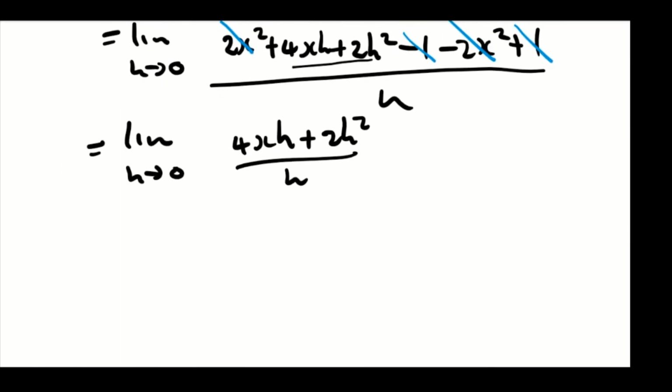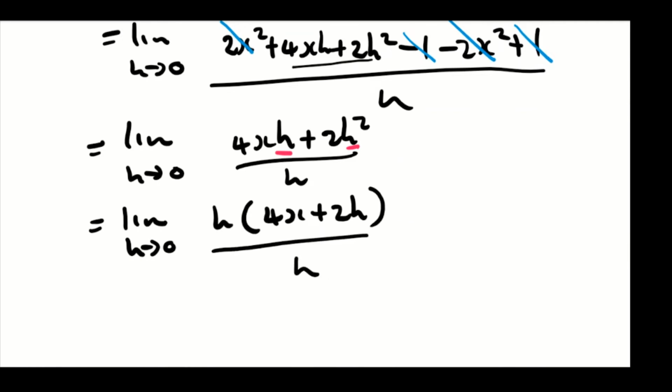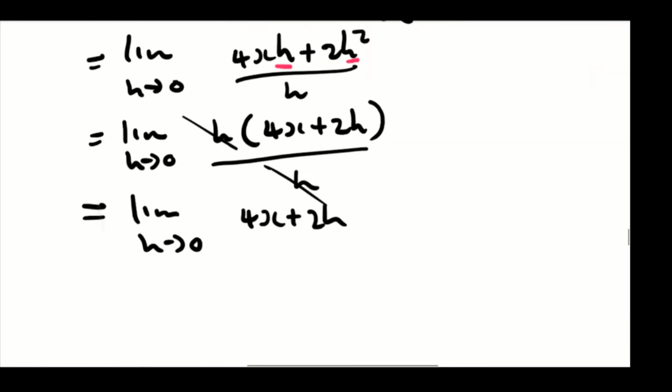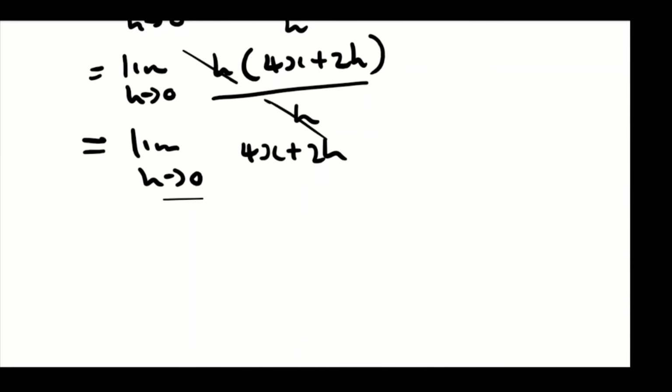So we're having h as common on both sides, so we're just going to factorize h, so it's going to be the limit when h approaches 0 of h into 4x plus 2h divided by h. So this h goes away with this one, they divide out, so it's the limit when h approaches 0 of 4x plus 2h, right?